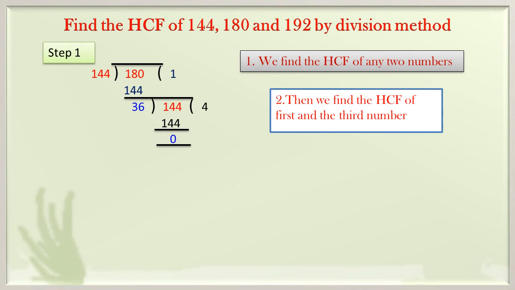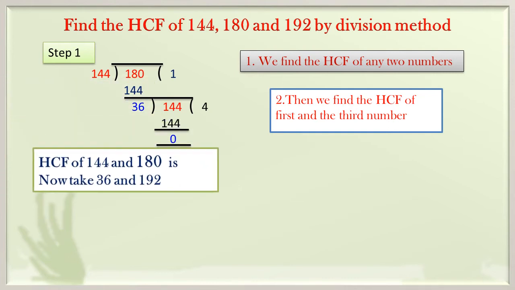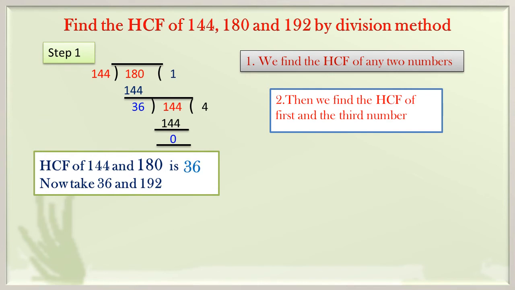Now we find how many times we have 36 in 144. We have 4 times, that is 4 36s are 144. When you subtract 144 from 144, the remainder is 0. So the last divisor is the HCF. Yes, HCF of 144 and 180 is 36.